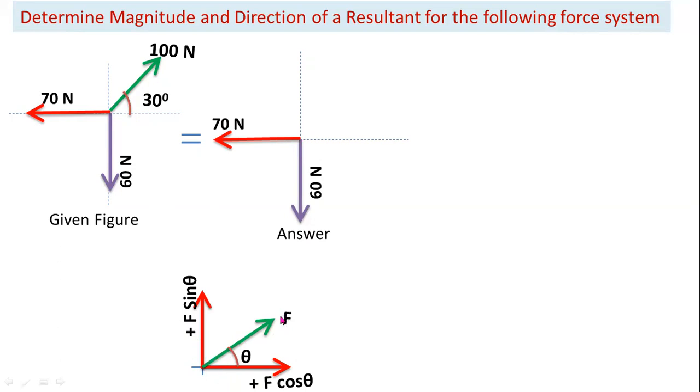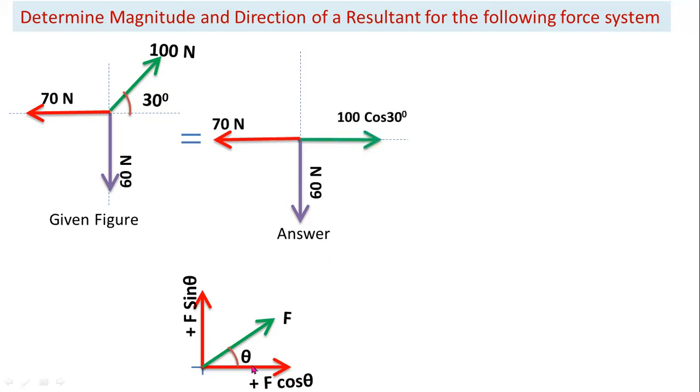Here the force F makes an angle theta with respect to the x-axis. That's why this one is the adjacent side and this one is the opposite side. For adjacent sides you have to consider cos theta, for opposite sides you have to consider sin theta. Here the force F moves towards the right, so you have to consider a positive sign.